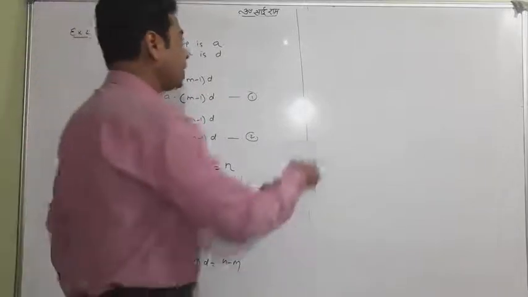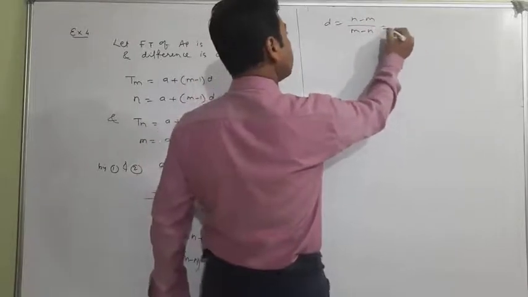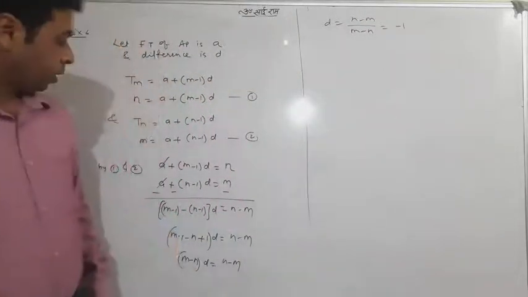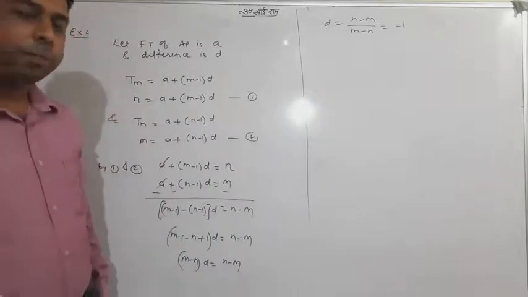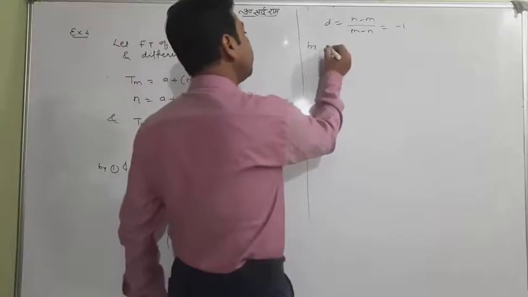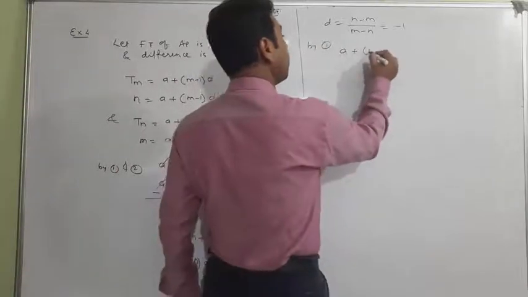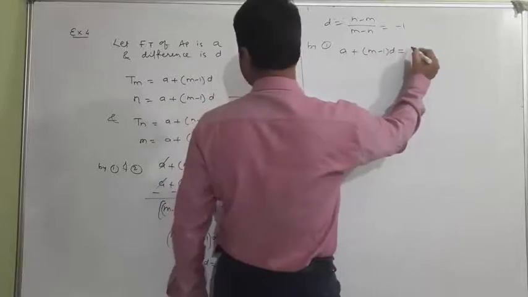So one can understand that D equals (n minus m) upon (m minus n), which is minus 1. So students, you have got a very simple result, D equals minus 1. Put D in any equation, like choosing equation 1, A plus (m minus 1) into D equals n.